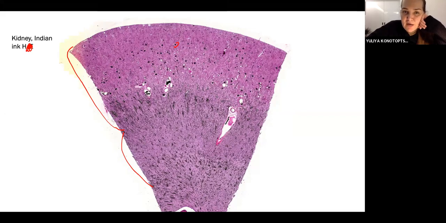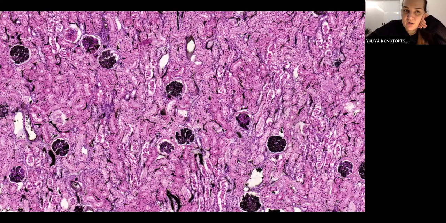Okay, so we magnify a bit, and as we have seen, here are the renal corpuscles, and within it we can see capillaries, which is the glomerulus. Outside of it, you can see that there's some kind of proximal and distal convoluted tubules, right? So proximal are a bit redder, distal are fainter, and between them, there's some kind of black lines. So what could they be?